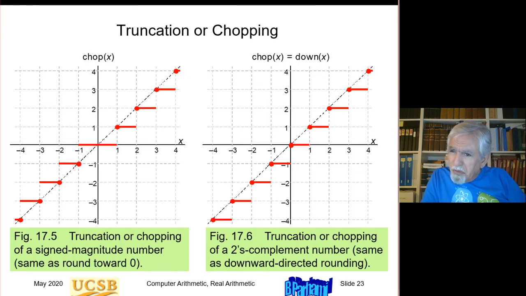So for 2's complement numbers, chop of x is the same as downward directed rounding. We always round downward, towards smaller values. Whereas here, in the case of negative numbers, we chop upwards, we round upwards. So remember that for 2's complement numbers, chopping always reduces the magnitude of the number, whether it's positive or negative.